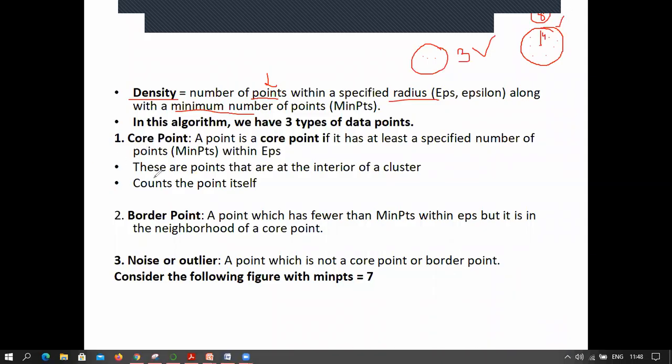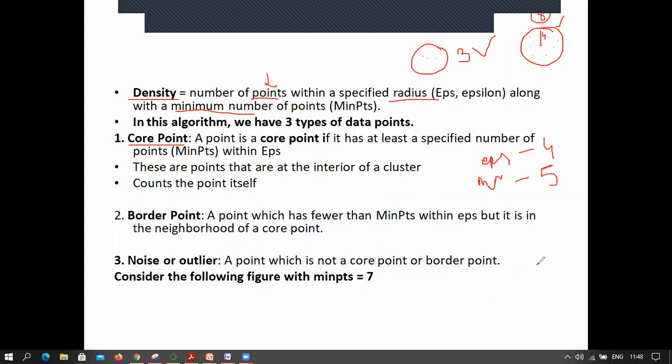Now, there are other things also that I need in this algorithm. Each data point that I have to take in this algorithm can be of these 3 types: core point, border point, and the noise. What is the core point now? Suppose I'm saying the value of my epsilon is 4, and the minimum number of points that I want to take within a circle is 5.